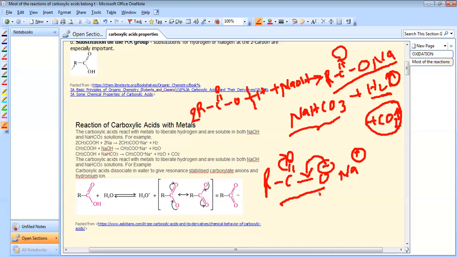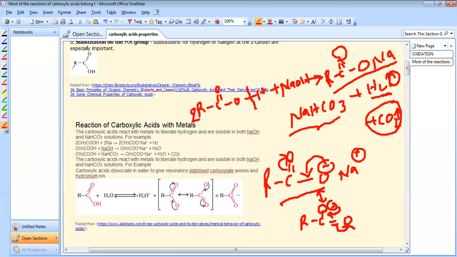When it undergoes resonance, it gives another, equivalent resonating structure. Like this, O minus, and here a double bond. Again this minus shifts here, again this double bond shifts here, and again we get the same structure.